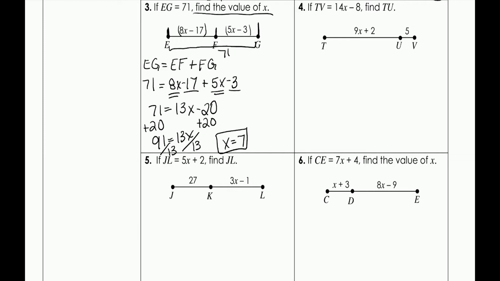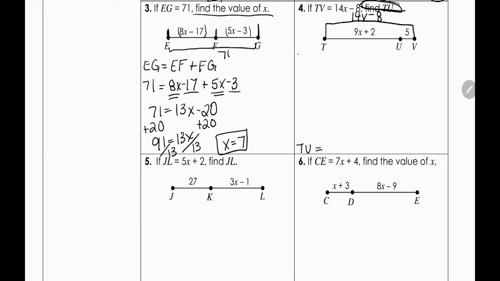So now, looking at number 4, it tells us that TV, so again, the entire thing, is this 14x minus 8. And we're looking for TU. So our goal at the end is going to be to find what the length of TU is.